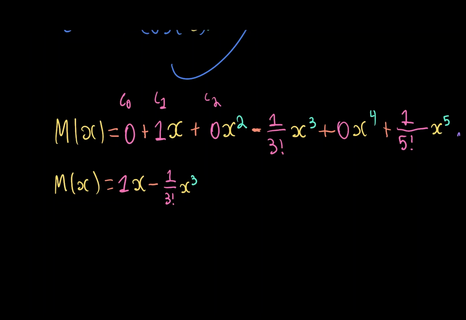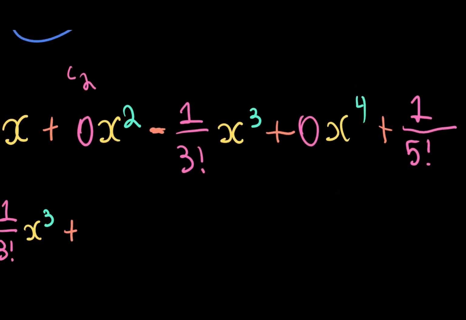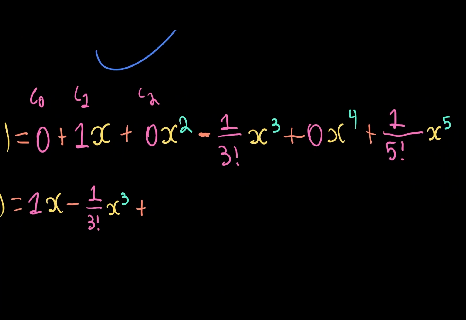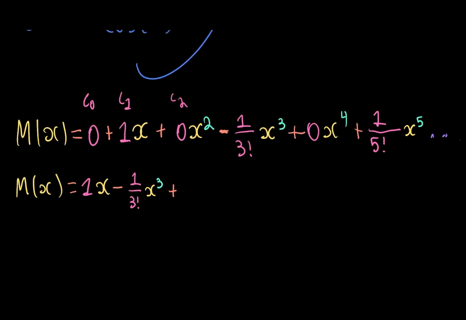And then that's going to be plus, we skip this term here because it's a 0, collapses, plus 1 over 5 factorial x to the power of 5. And let's just do one more. Plus 1 over 7 factorial.